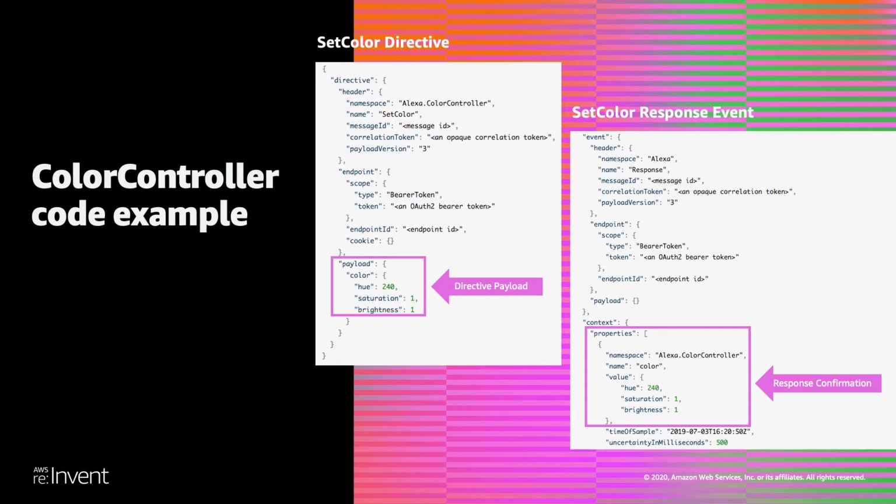So on the left-hand side is a sample directive that Alexa may send to Lighthouse Inc. You can see that this payload directive includes information such as the hue, saturation, and brightness, which is based on the corresponding values for the color blue that the user was trying to change to. Lighthouse Inc. receives the set color directive and then sends a set color response event back to Alexa once the device has changed, and includes the confirmation of the updated values for that device. And on the right-hand side, you'll see that hue, saturation, brightness confirmation.